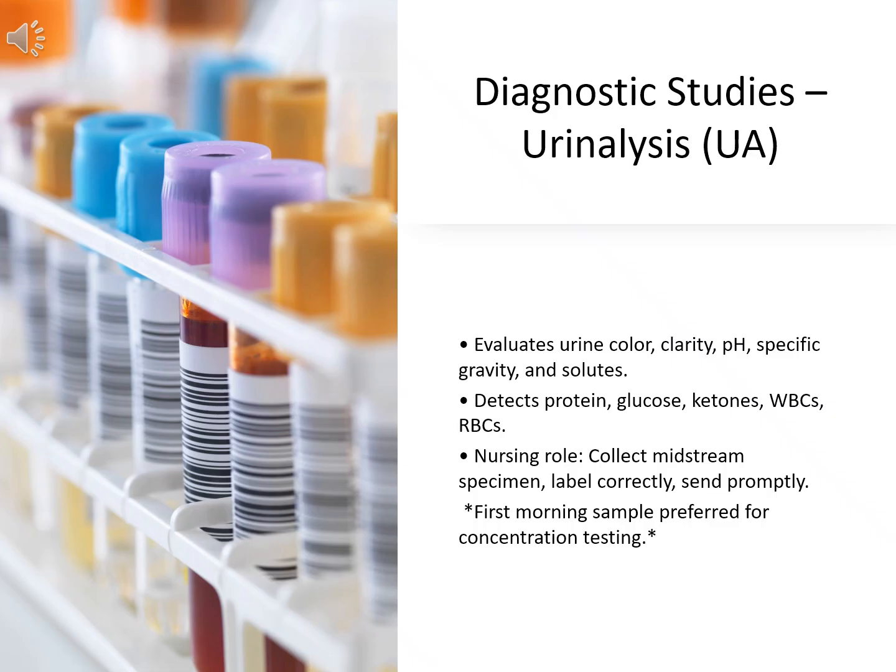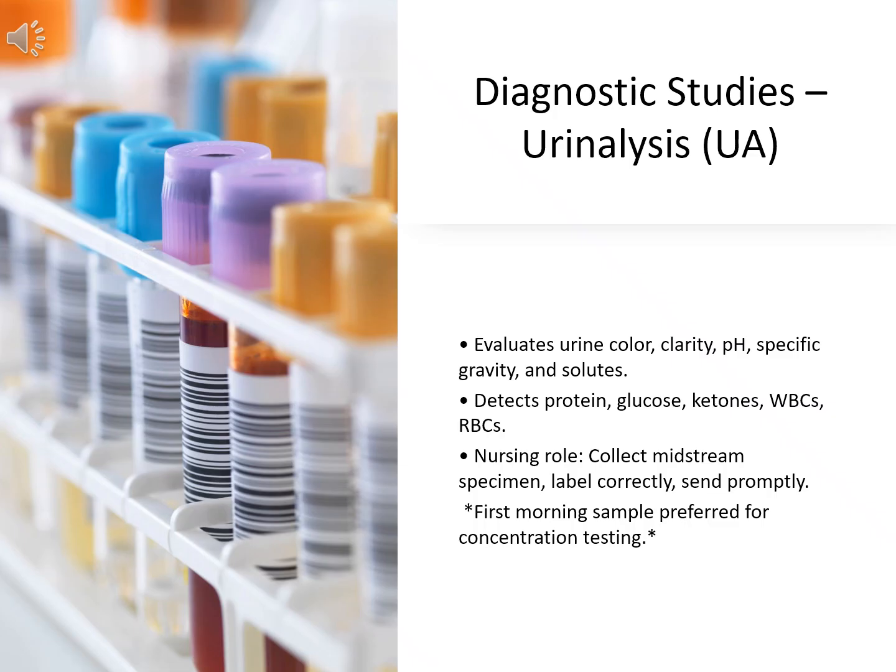We can also take protein samples looking at levels of protein. We can do a glucose check, do a ketone dip, and look at WBCs and red blood cells as well. So this looks at things like proteinuria, DKA. It can look at signs of infection, looking at WBCs and things like that for a urinary tract infection to rule those out.